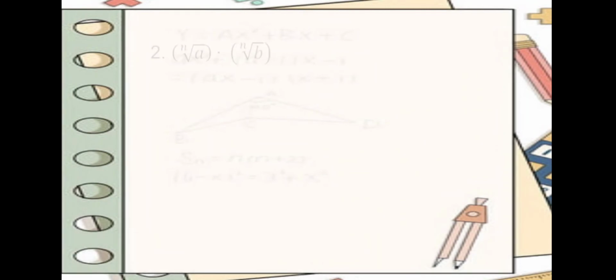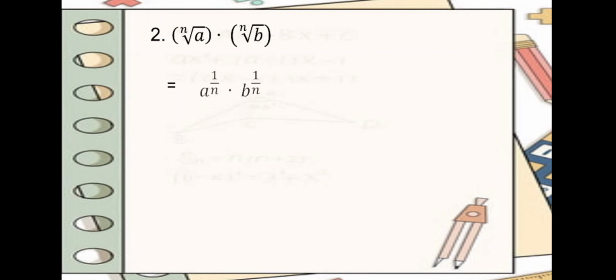Sumunod, punta naman tayo sa second law of radicals, which is quantity nth root of A times quantity nth root of B. So, let us simplify. So, it becomes A raised to 1 over N times B raised to 1 over N. So, transpose muna natin yung bawat radicand into exponential form.